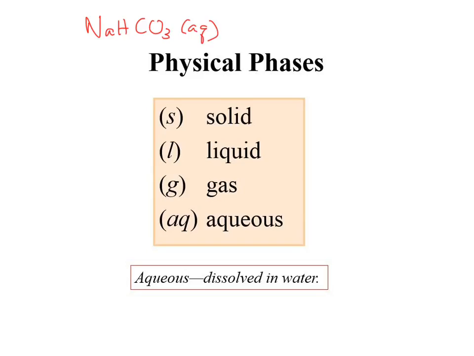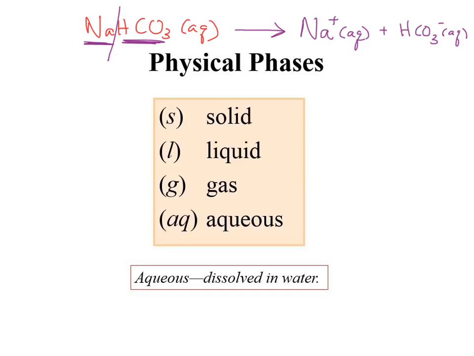Now again, we just covered this, reading from right to left. This is my cation, and this is my polyatomic anion. So we talked about how Na, it's a 1A metal, it forms a +1 charge, and I would write AQ, I would show it running around in water. The other thing is hydrogen carbonate, or bicarbonate, same diff.